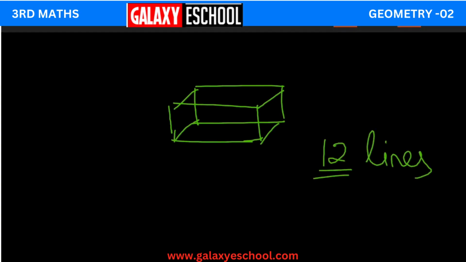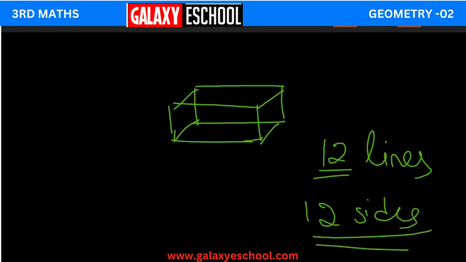We need 12 lines to draw our cuboid. That means a cuboid also has 12 sides, just like our cube.